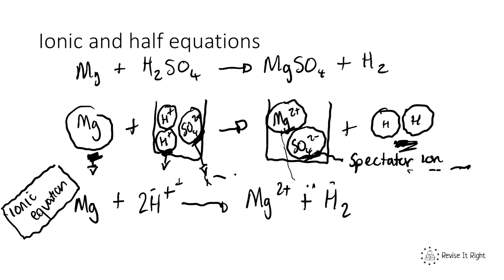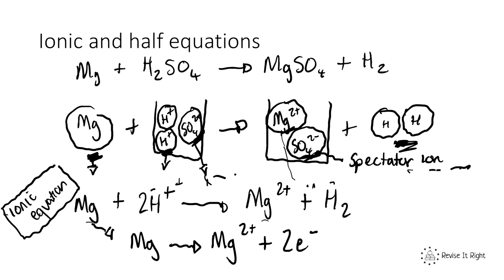Now we can also write half equations for each of these 2 ions and atoms individually. Okay, so for example, if we wrote magnesium, then what's happened to magnesium is that it has formed a magnesium ion, and because it's formed an ion, it has therefore lost 2 electrons, so it's also formed 2 electrons as well.